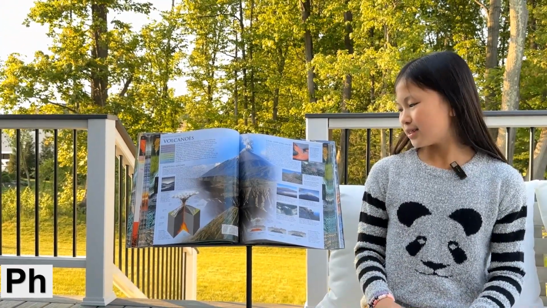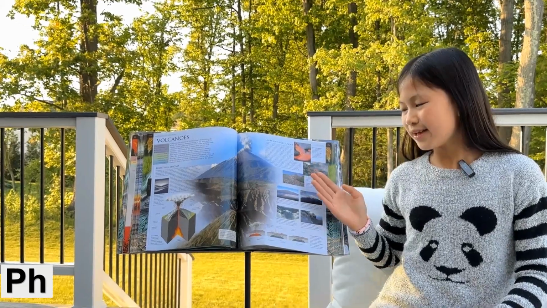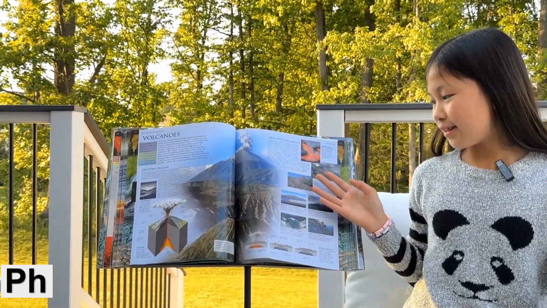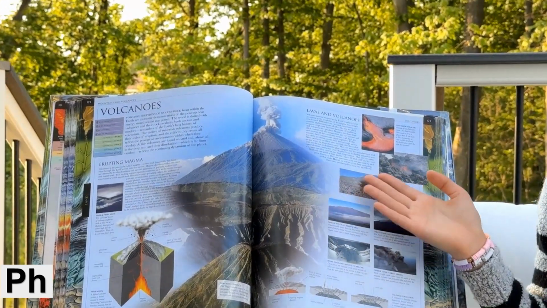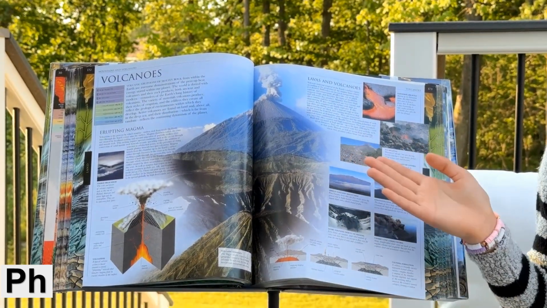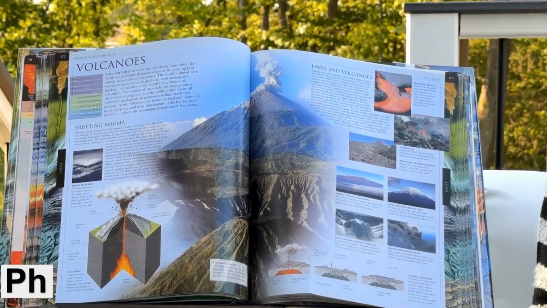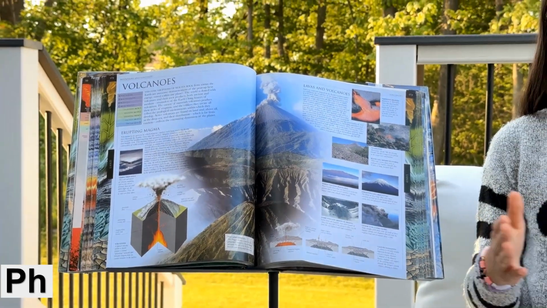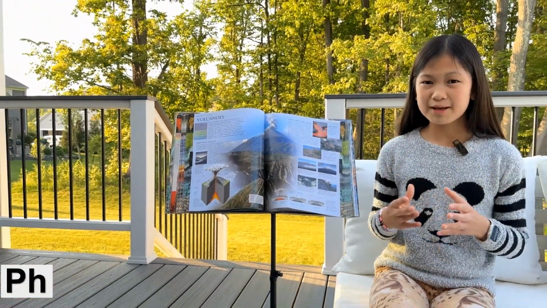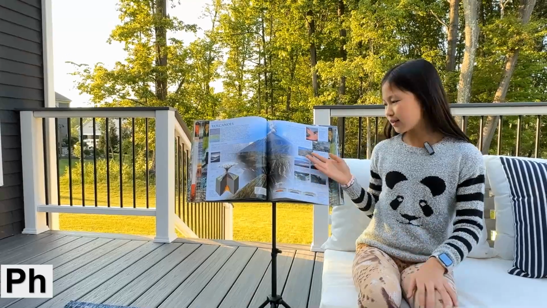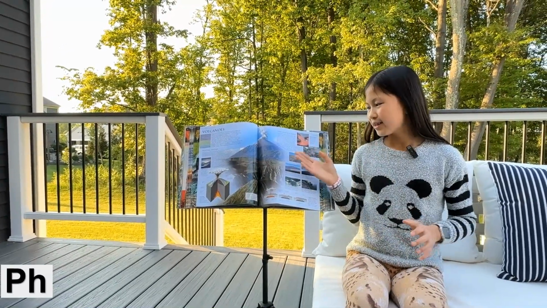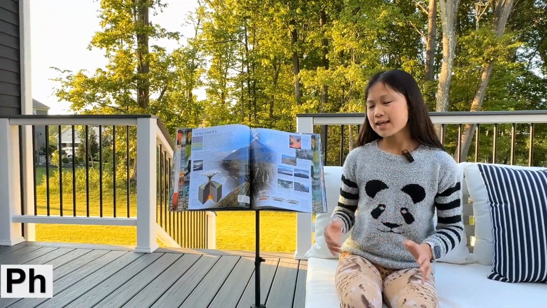Now I'm going to talk about these types of landforms that you can see in a volcano. This is black lava, and this is called igneous rock. Igneous rock used to be lava that flowed out of a volcano, but it dried up. Everything has to dry up, and this is what it looks like when it's all cracked and it forms into igneous rock.